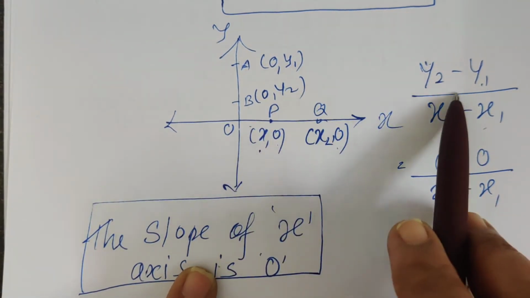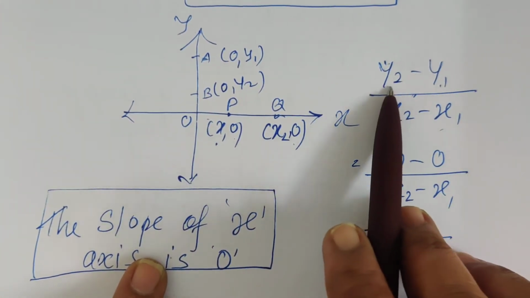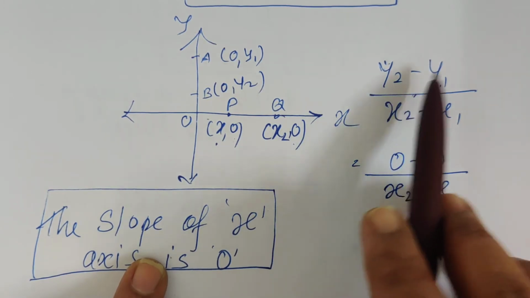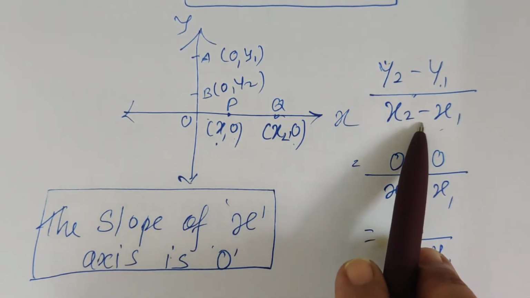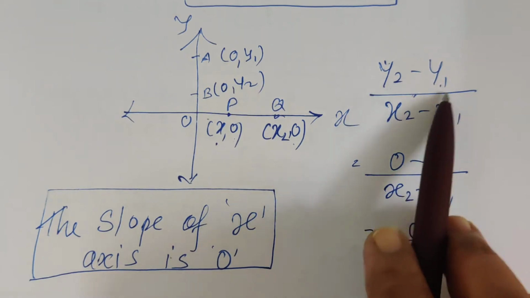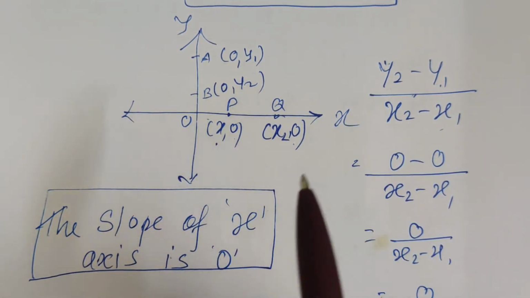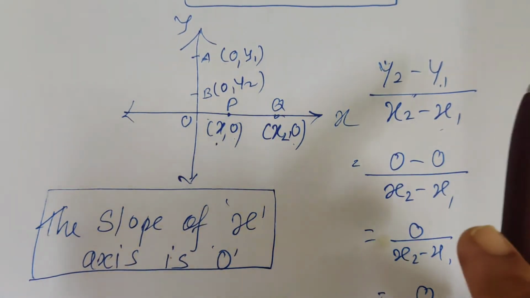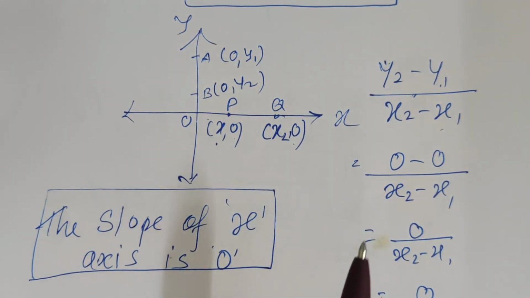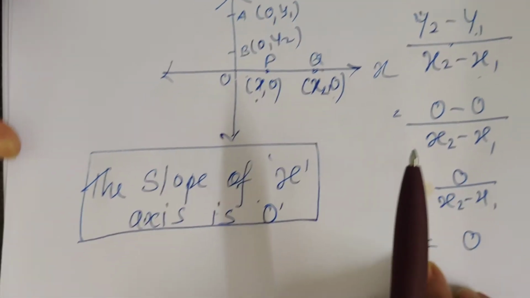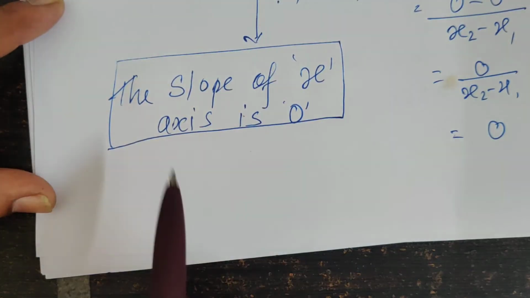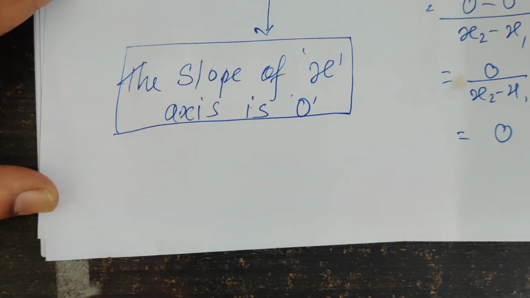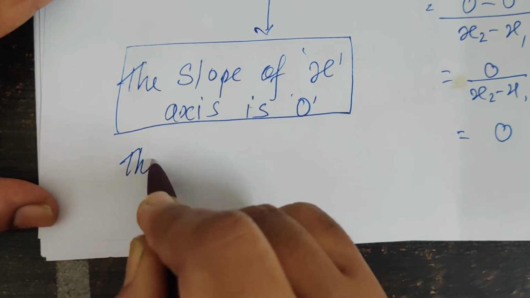If you put this in this formula, you will get y2 minus y1 upon 0. So when you divide any number by 0, it is not possible, and so we cannot define the slope of y-axis.